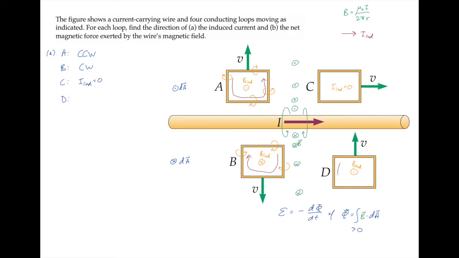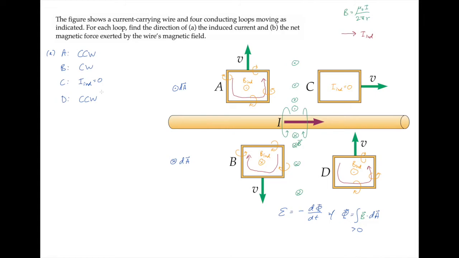The right-hand rule shows that the induced current then must be in this sense, so that as the magnetic field circulates around it, it's coming toward us inside the loop and going away from us outside the loop. The current induced in loop D is therefore in the counterclockwise direction.